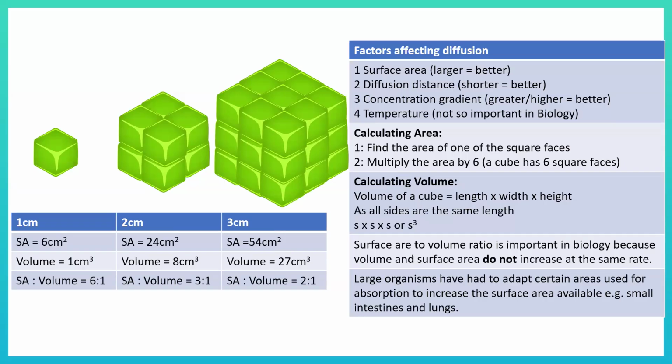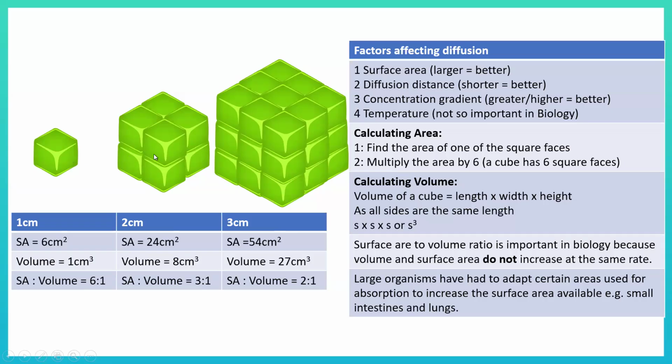And that now has a surface area to volume ratio of 2 to 1. So as you can see, we go from a surface area to volume ratio of 6 to 1, to 3 to 1, to 2 to 1. So the bigger our cube is getting, the smaller the surface area to volume ratio is getting.